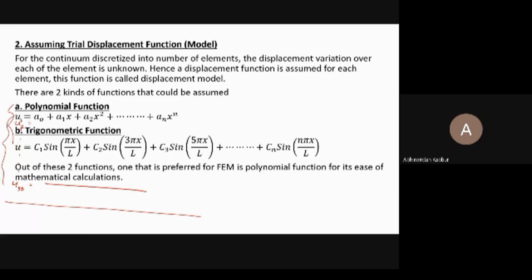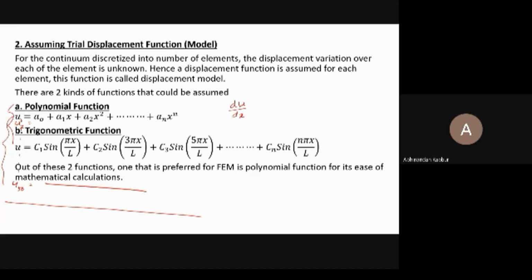Now, in the same second step, out of these two functions, either polynomial or trigonometric, the one preferred for FEM is the polynomial function because it is something like an algebraic equation where we can solve these equations very easily compared to the trigonometric function. Sometimes this displacement u I have to differentiate, that is du by dx.